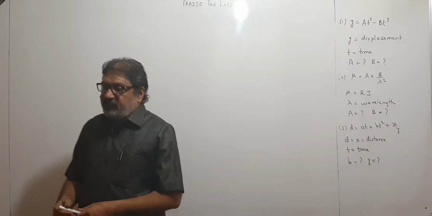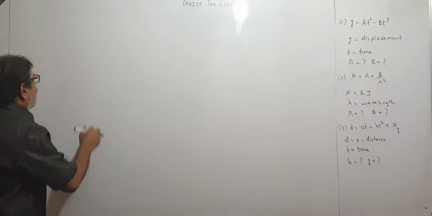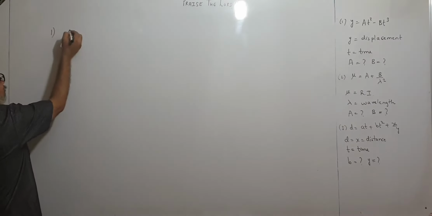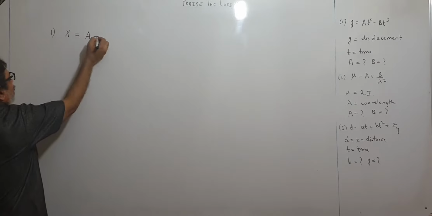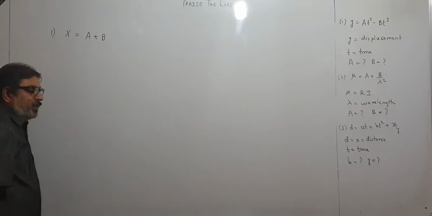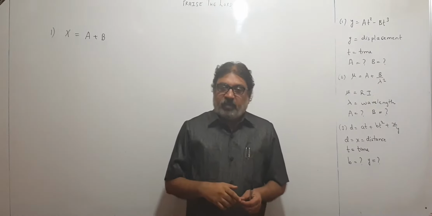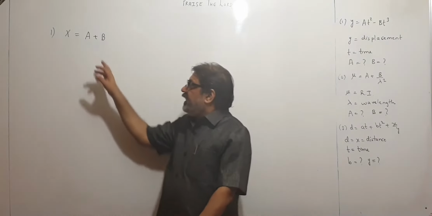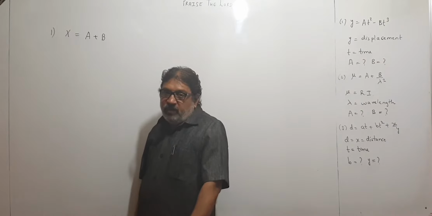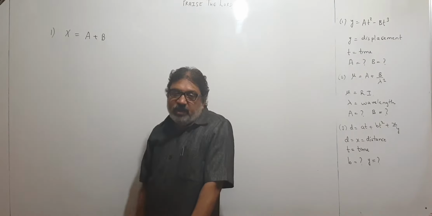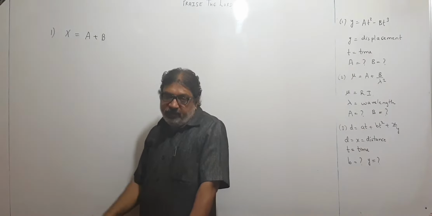See children, in physics, first point I am telling you, supposing x is equal to a plus b. So a and b are two physical quantities. I add them and I get x. So please remember, if I add two quantities, then their dimensions should be same, only then they can be added, otherwise they cannot be added.